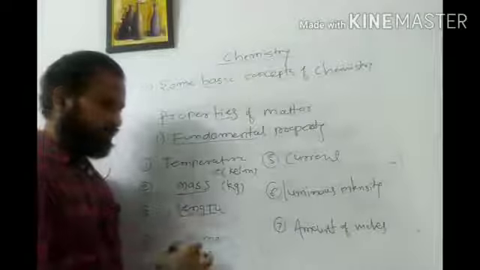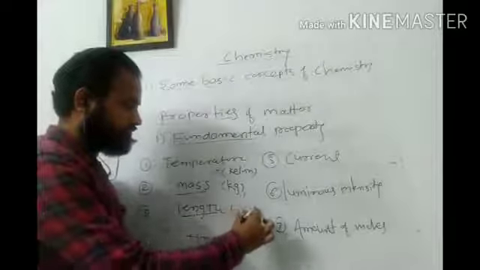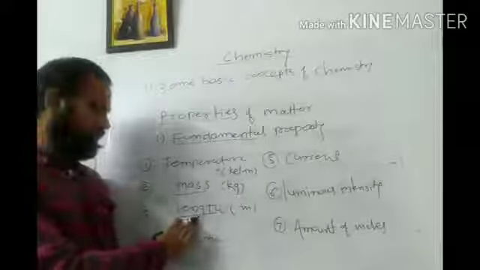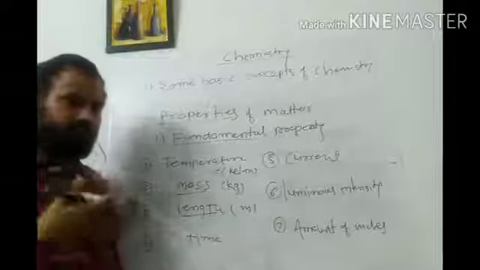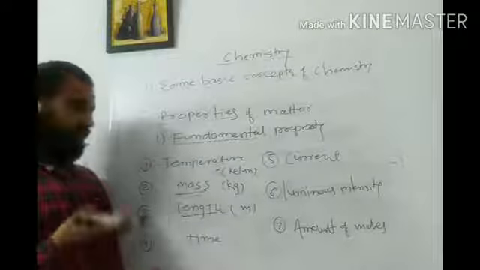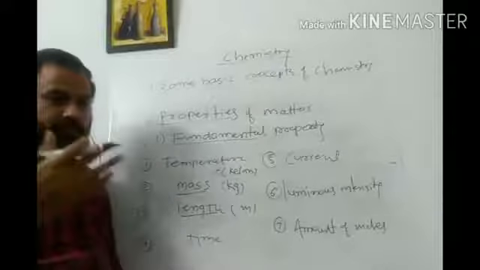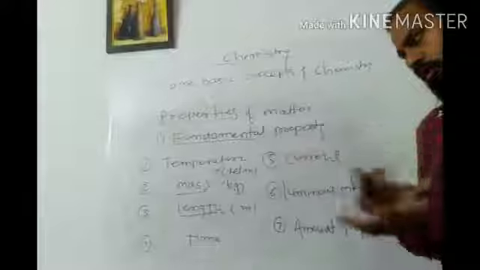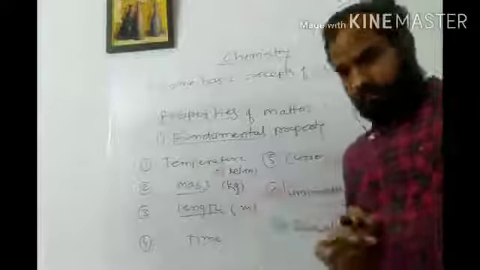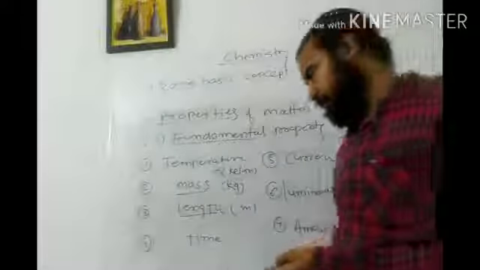Then length is generally measured in meter. Again, measurement of length depends on application. Units depend on application, isn't it? Kilometer, meter, millimeter. If we take mechanical engineering drawings, generally all dimensions are given in mm, isn't it? Then the unit for time is second, isn't it?